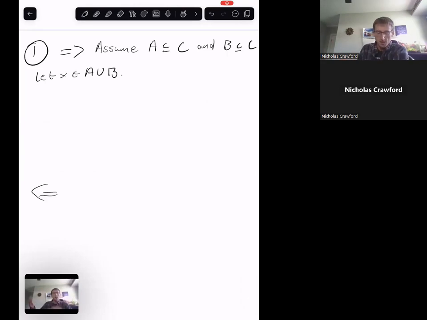What does this mean? This means X is in A or X is in B. All I've done is write down the definition.